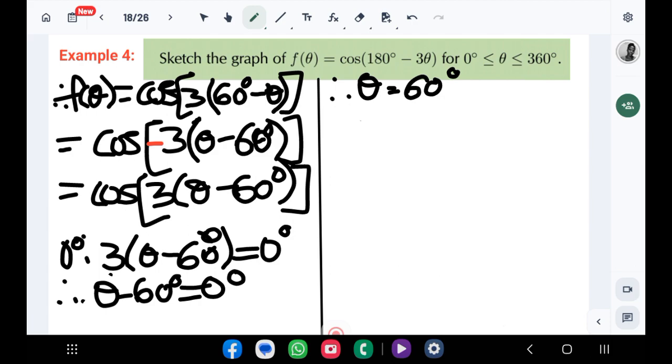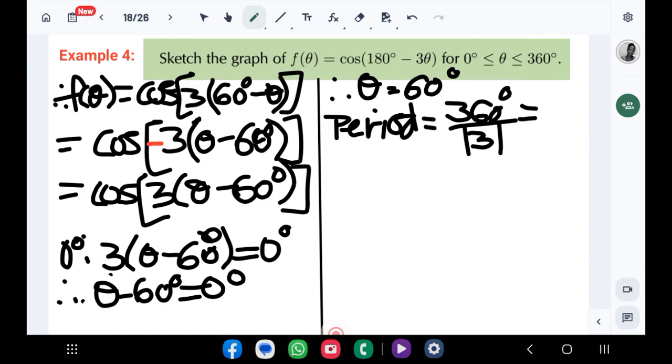Now the question is, what is the milestone? Let's figure out what the period is, and then we divide that by 4 to get the milestone. The period equals 360 degrees divided by the absolute value of k, which is 3, so 360 divided by 3, which equals 120.